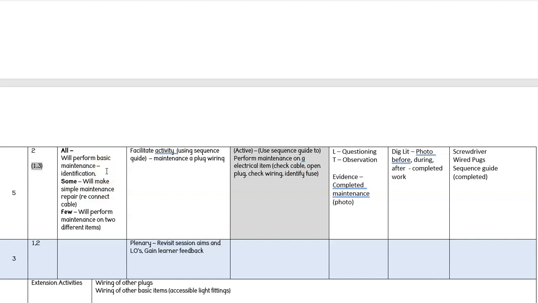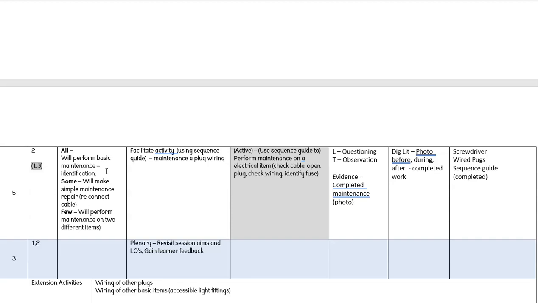So they all go through those steps and they say, here's the fuse, this cable's not connected properly, that's not safe, I need to get an electrician. Some will go, well actually, this is a basic item, this is a basic approach, I can connect that wiring and then just check that it's safe. And a few, if we get time, will perform maintenance on 2 different items.